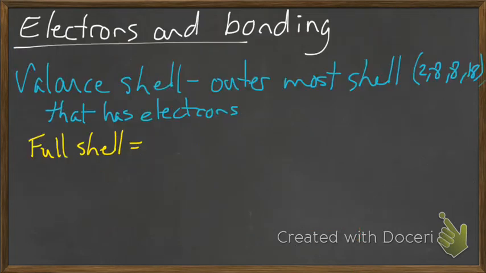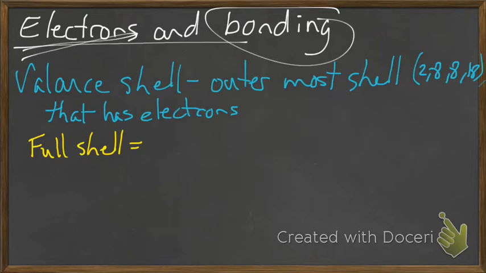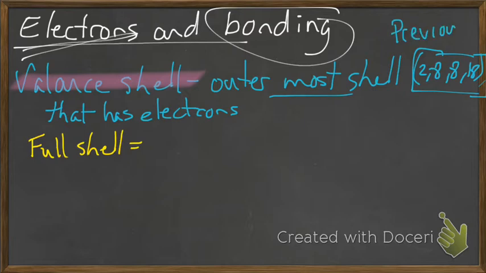Okay, thinking about bonding and electrons specifically, we need to recall valence shells. This is the outermost shell, and the pattern for holding electrons is 2, 8, 8, 18. This is all in the previous video. I believe that was on BR diagrams, Bohr Rutherford diagrams.